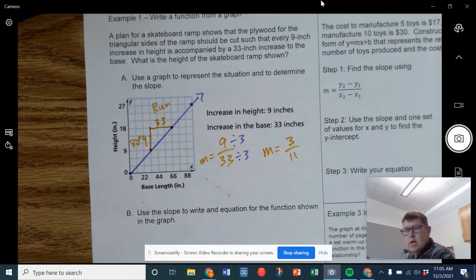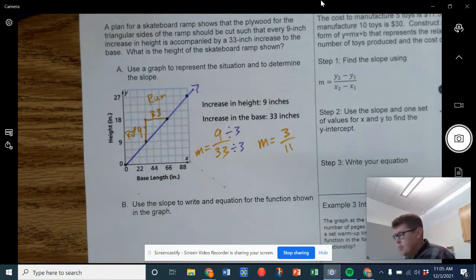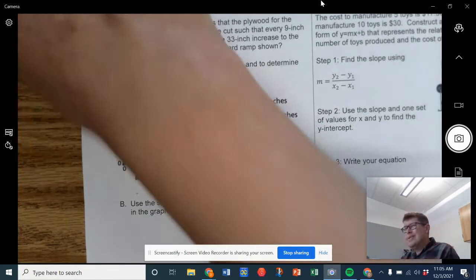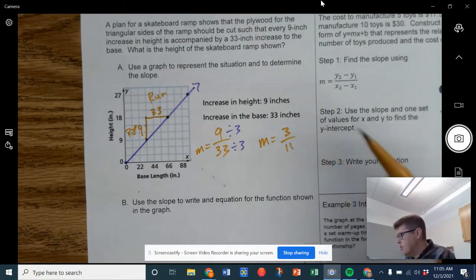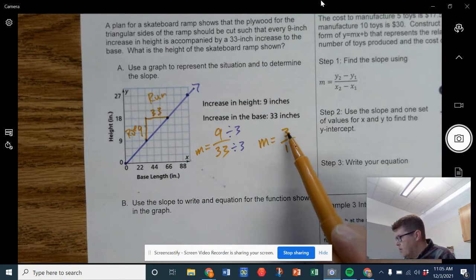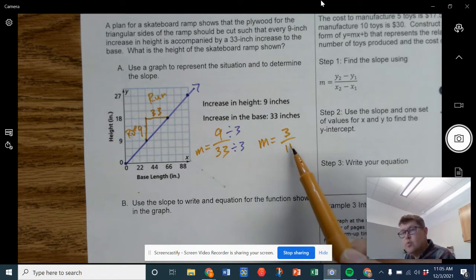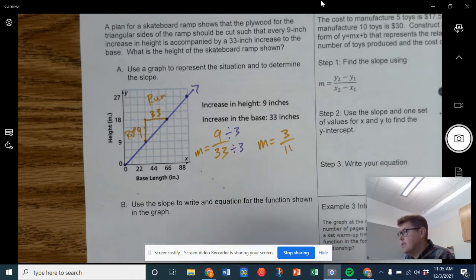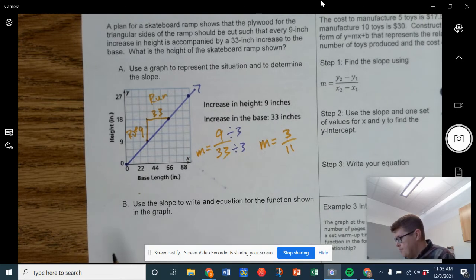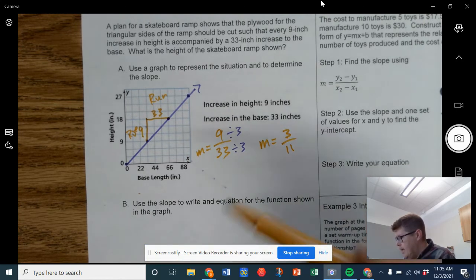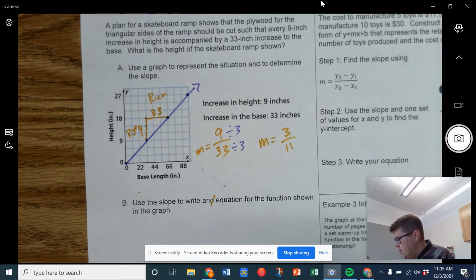That's your slope in its most simplified form. You have an increase in height of 3 inches, and an increase in the base of this ramp of 11 inches.